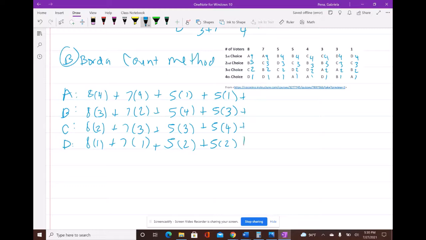And then we have 3. And then I have C is 4, B is 3, A is 2, D is 1.